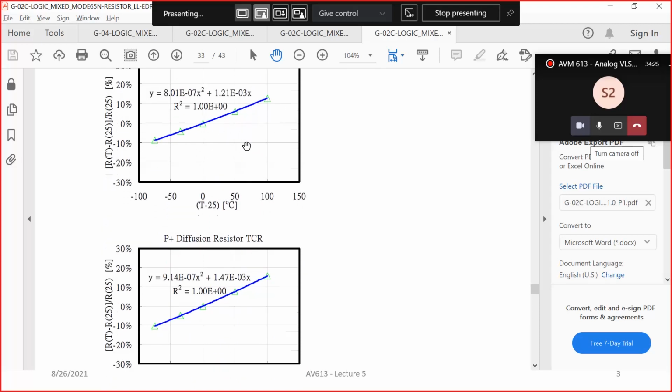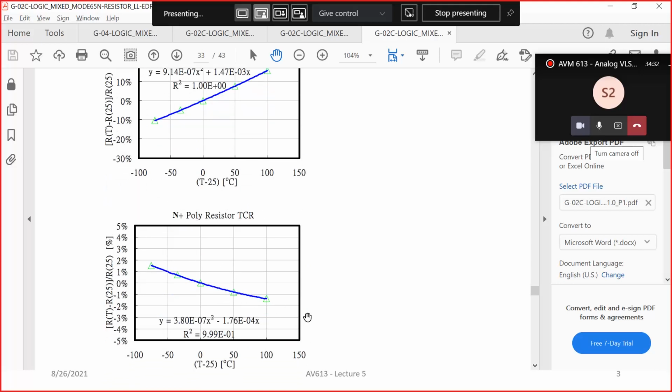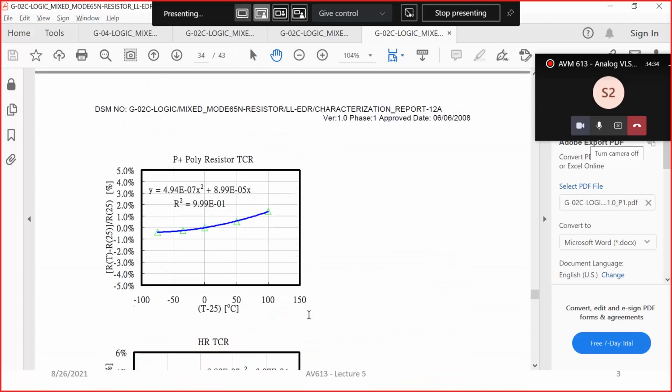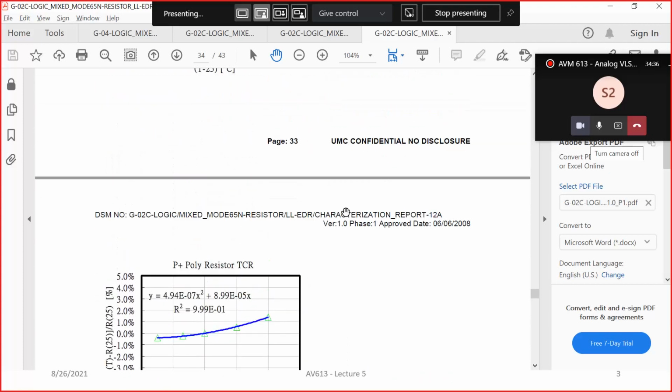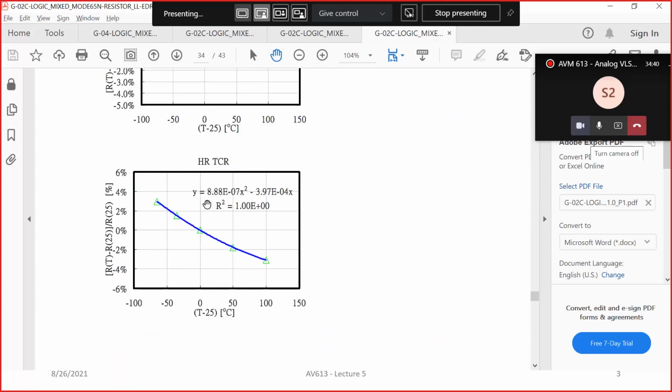For polyresistor, the temperature coefficient is negative. It decreases with temperature, right? So certain things are positive, certain things are negative. Depending on whichever process you are working with, you have to see how the temperature dependence is going to be. All right. So any doubts, any questions about resistors?